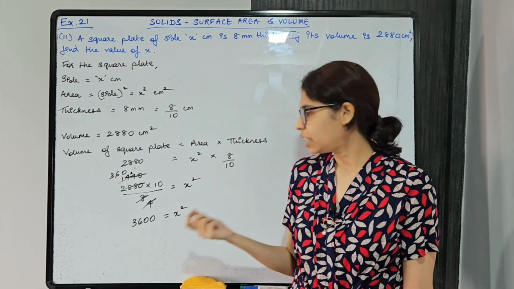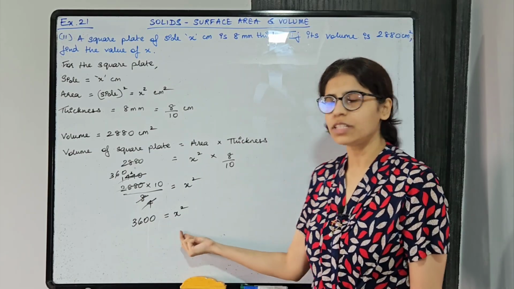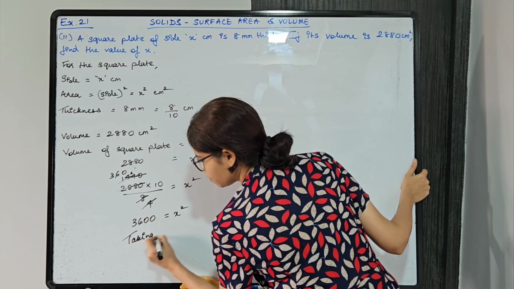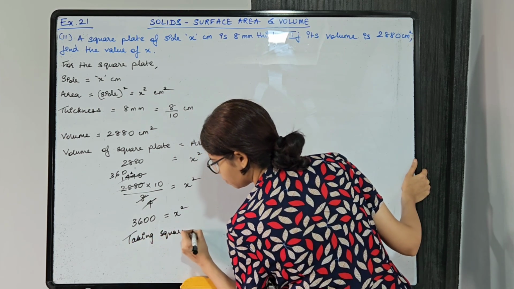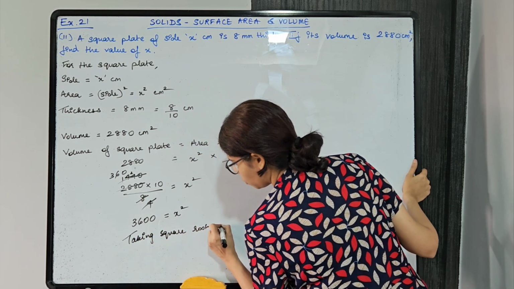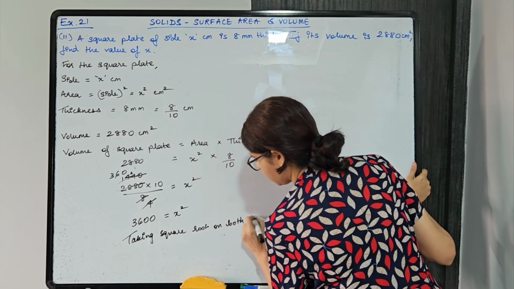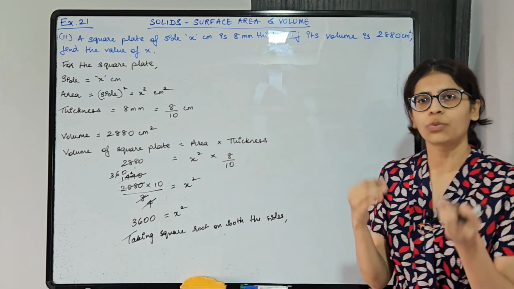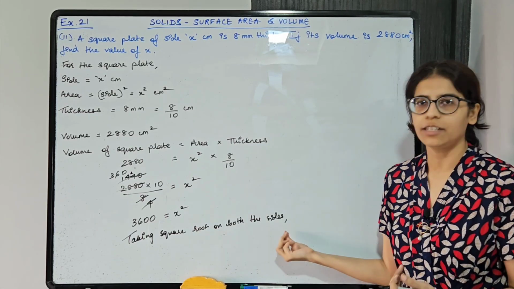So if I take square root on both the sides, taking square root on both the sides, whenever you are taking square root, cube root or squaring or cubing, write down, ठीक है.